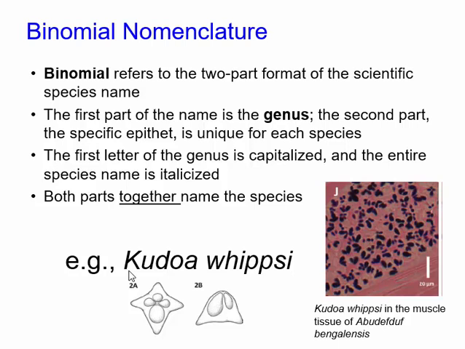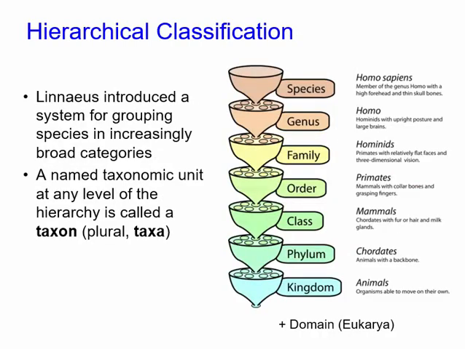We don't do that with higher taxonomic groups, like family or order. Those are not italicized, but we do that with the species name. Again, together, that's what makes the entire species name. If you're not able to italicize, say you're writing this on a form for a class, you can underline it. It's a way of emphasizing that this is a species name.